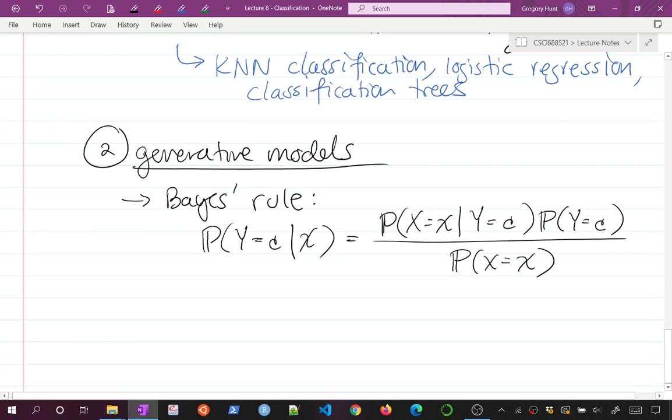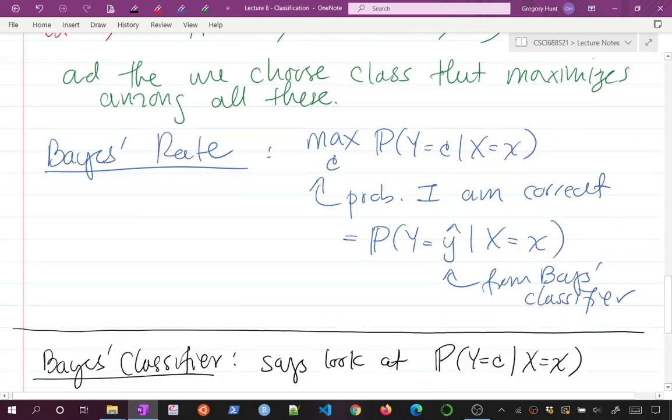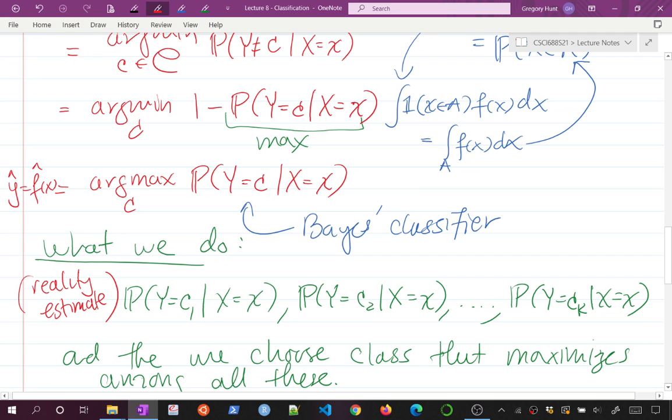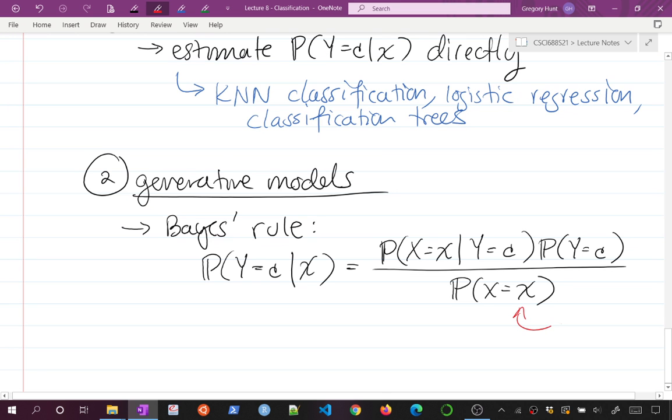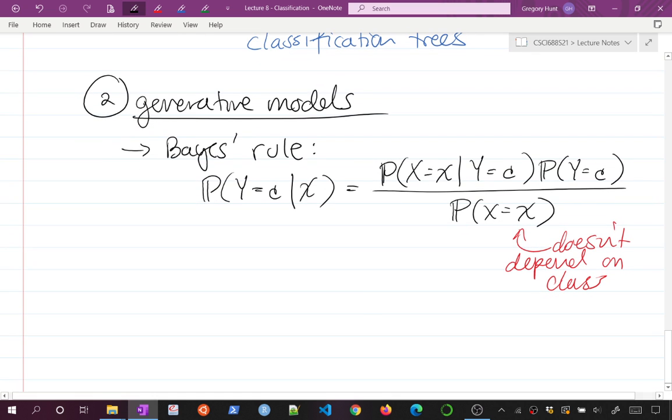And it turns out, if you recall, what we're doing here is we're maximizing over all the potential classes, right? Since this bottom doesn't depend on the class, then this is in some ways proportional to just the top.